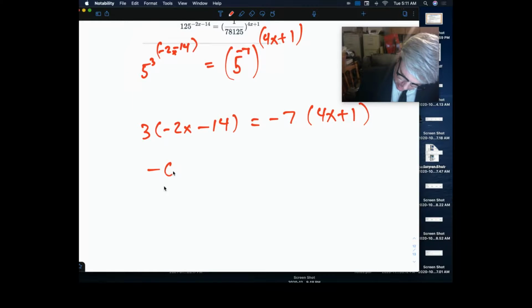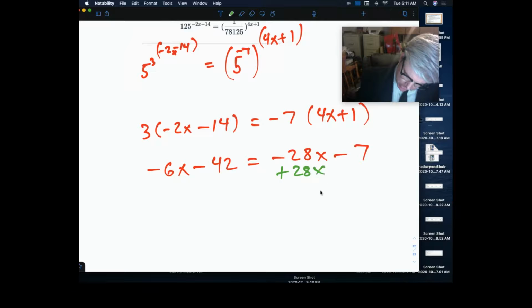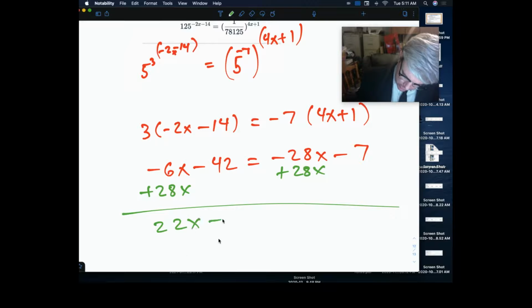So this is going to be negative 6x minus 42 equals negative 28x minus 7. I'm going to add 28x because I want to keep it positive. So this is going to be 22x minus 42 equals negative 7.